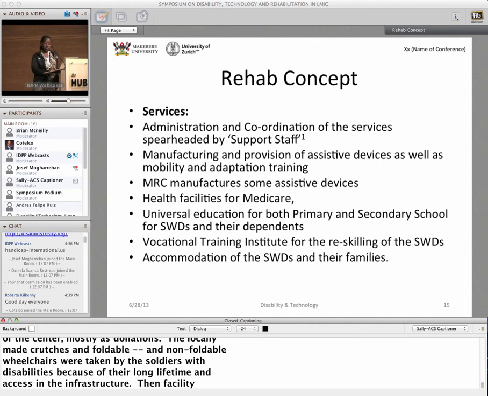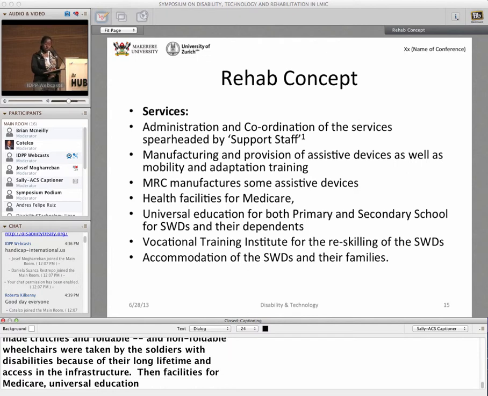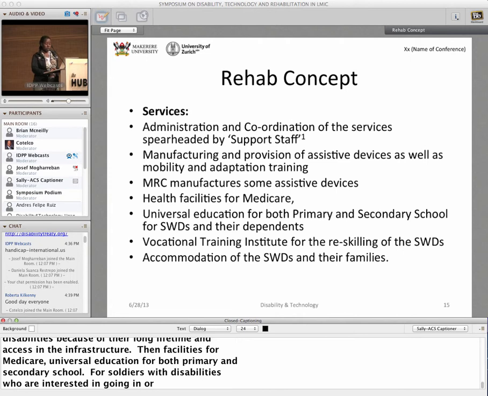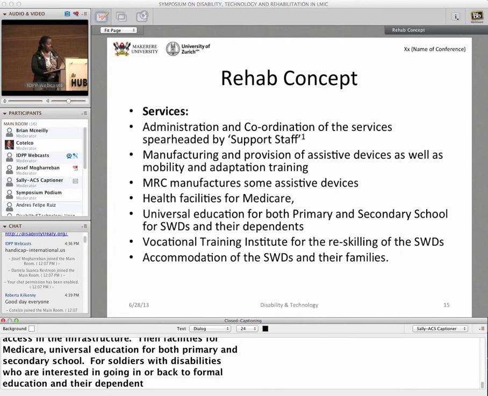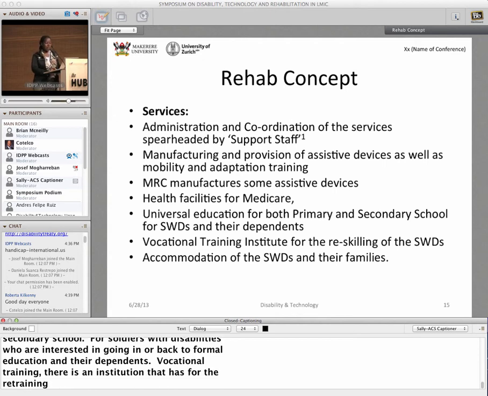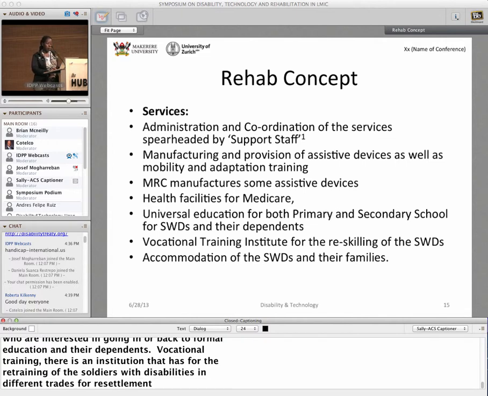There is universal education for both primary and secondary school for soldiers with disabilities who are interested in going back to formal education, and their dependents. Vocational training: there is an institution that caters for the reskilling of the soldiers with disabilities in different trades for resettlement, and accommodation of the soldiers and their families.